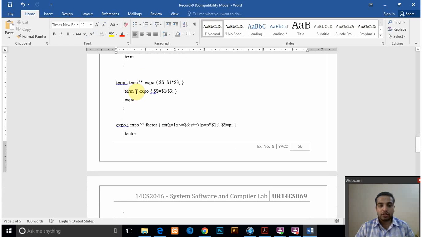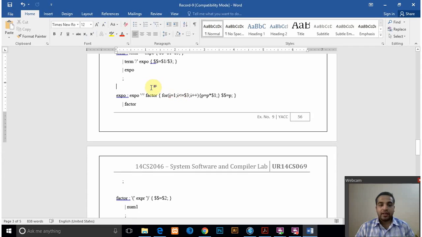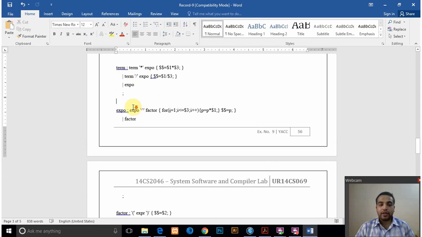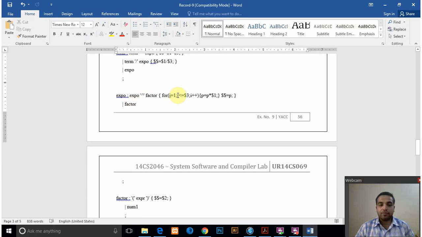We move on to term. In term, we check for two operators, that means multiplication and division. The same thing: if we find multiplication, we multiply the first and third operand, and for division we divide the first and third operand. Next, from term we go to expo, that is for exponential.